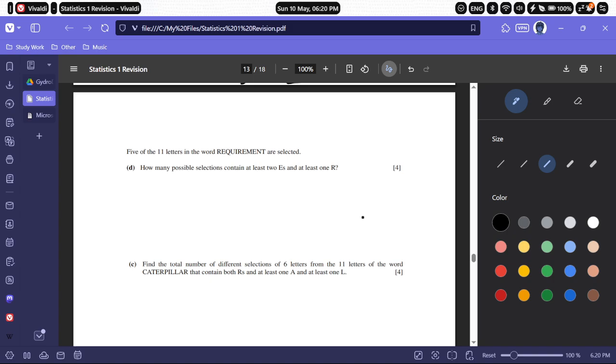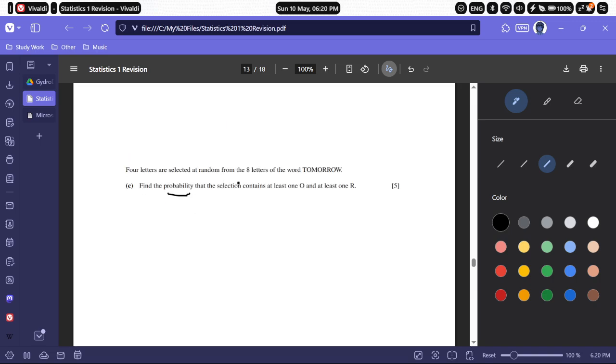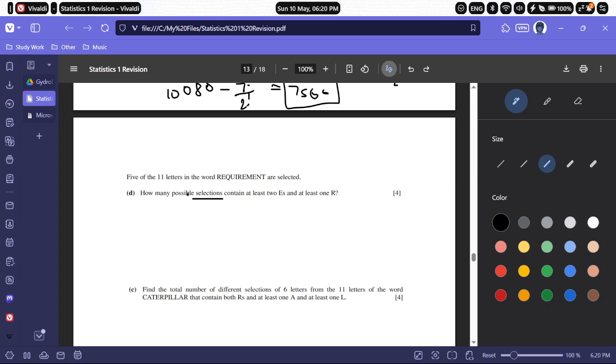Just keep in mind that whenever they're asking you about selections, and specifically when it's not about probability, and I'll tell you the reason why when I come to that question, when it's only the number of ways or selections, always treat the identical letters as identical. Don't think of them as E1, E2, E3. Just keep that in mind, okay?